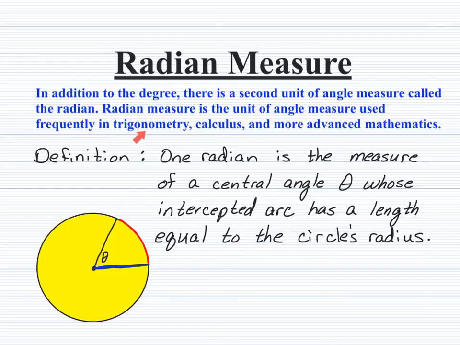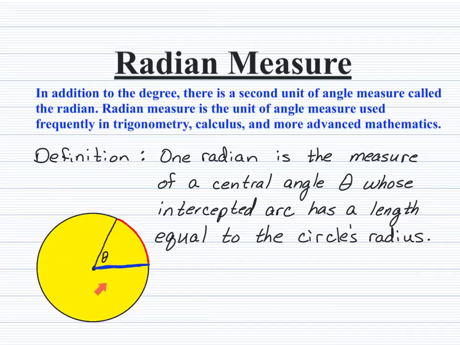You'll be using radians almost all the time. And so the definition, what is a radian? 1 radian is the measure of a central angle, theta, whose intercepted arc has a length equal to the circle's radius.